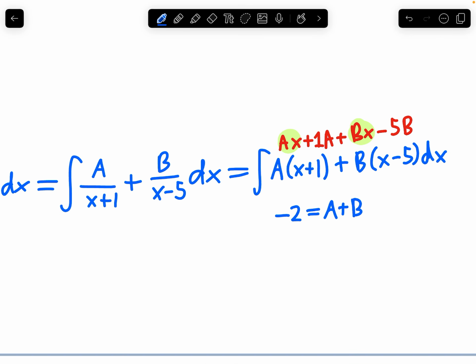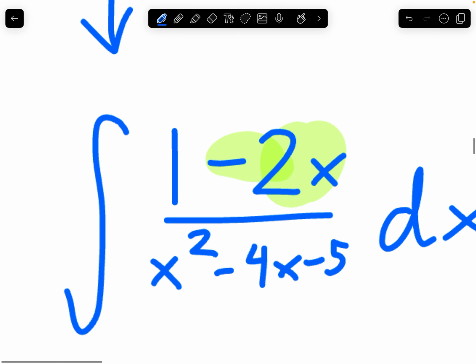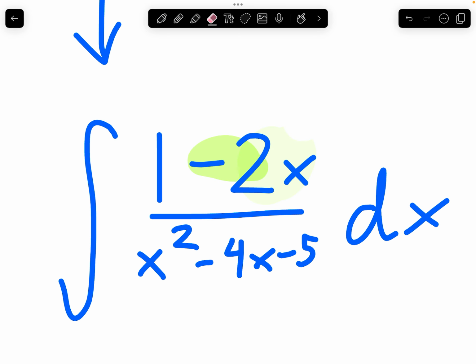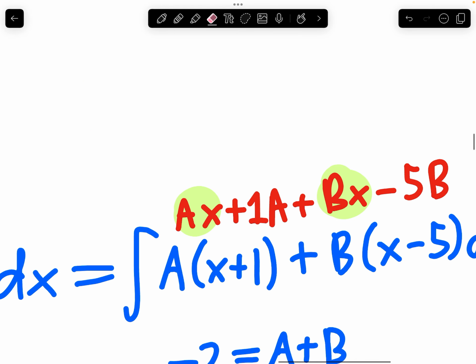And then here, we would do the same thing for the other term, in this case 1, which has an x to the power of 0 connected to it.